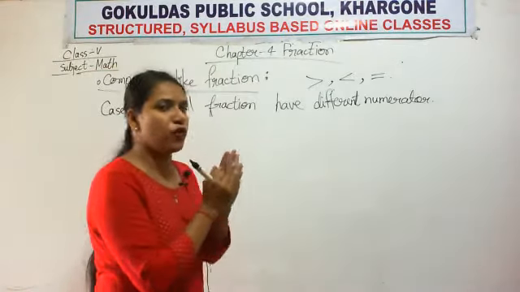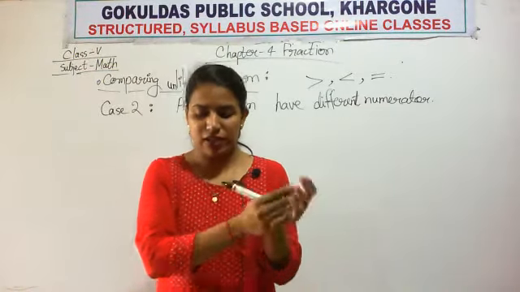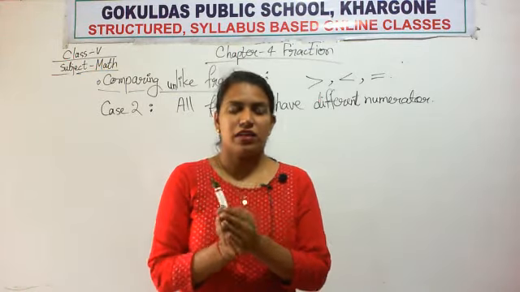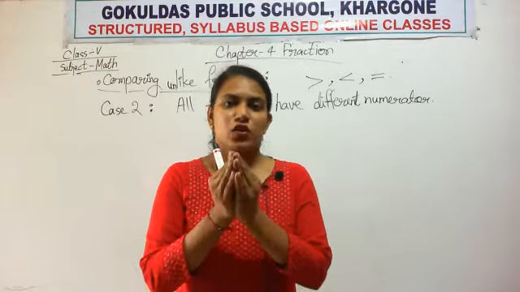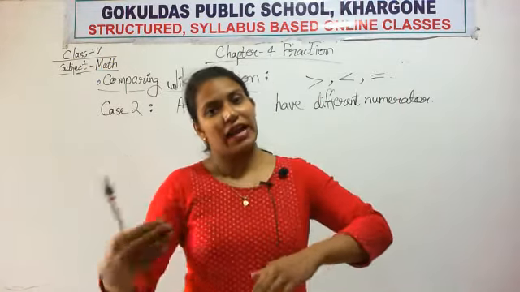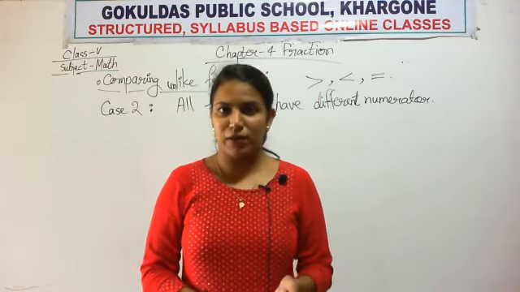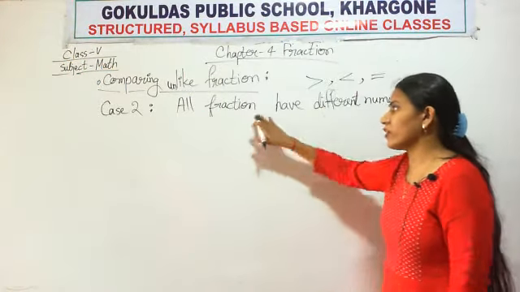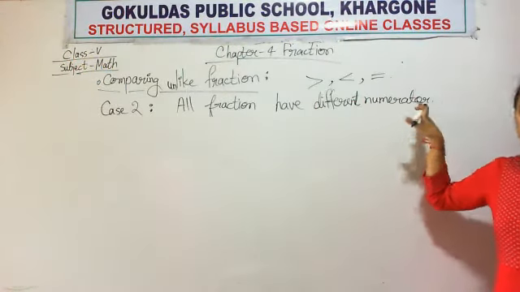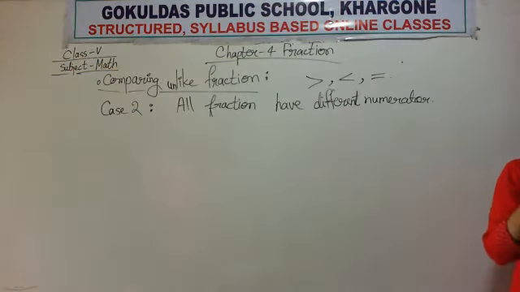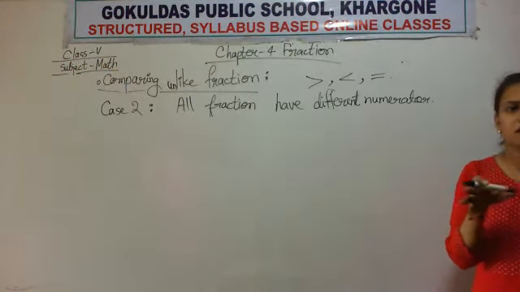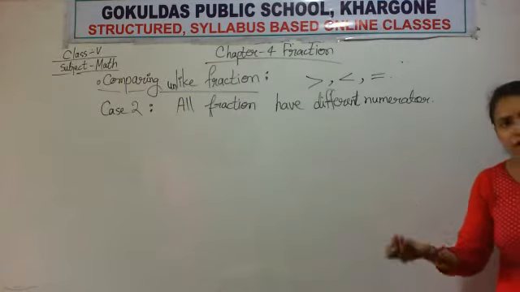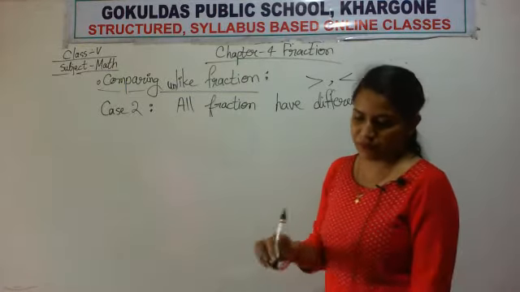In case 2, if all the numerators are also different, you need to make the denominators equal, means you need to make them like fractions, then you will compare them. You will make all the given fractions like fractions, then you compare.